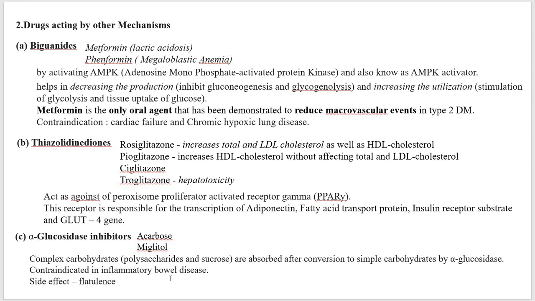So that conversion is inhibited by acarbose and miglitol. Okay, so these are the different mechanisms through which we are reducing the glucose level in the body. Okay, the main side effect of alpha glucosidase inhibitors is flatulence, means foul odor or foul smell.